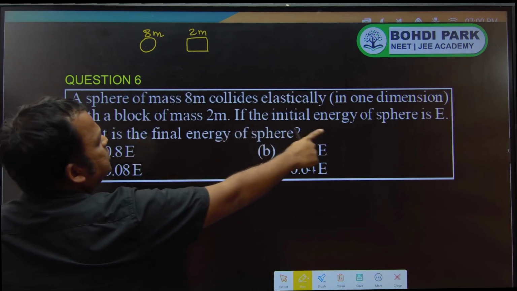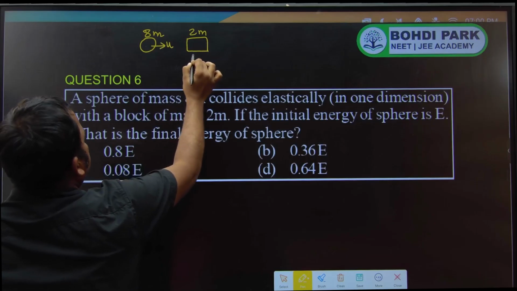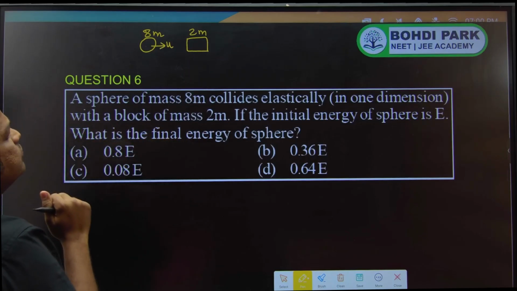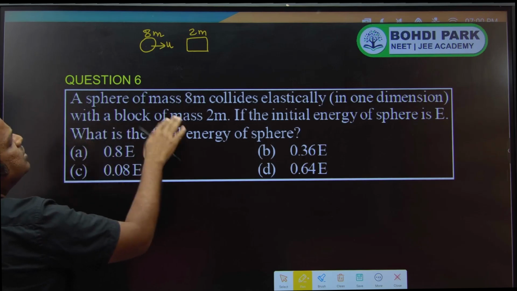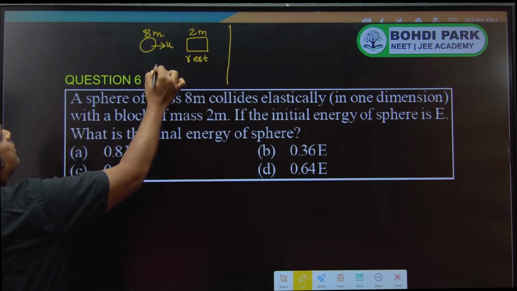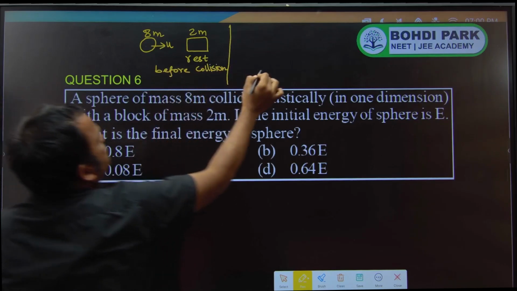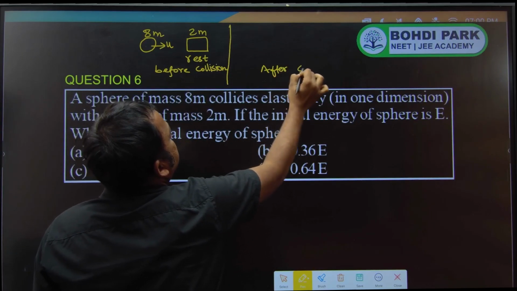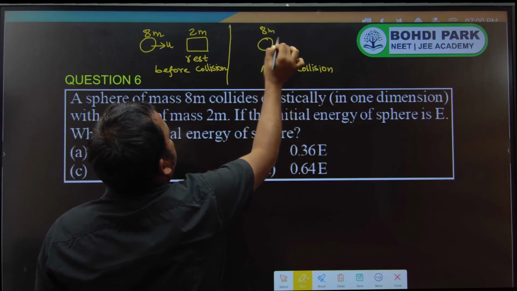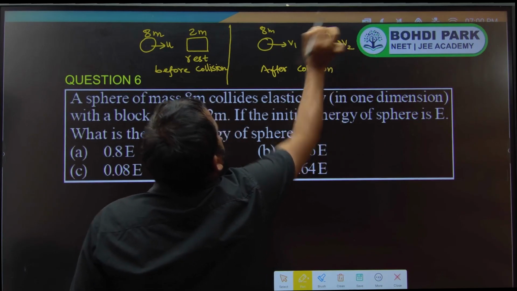If initial energy of sphere is E, so suppose this velocity is U and this block is at rest, it is not mentioned what is the initial velocity of block, so you assume it to be rest. This is before collision, and after collision the velocities of these ball and block are v1 and v2.